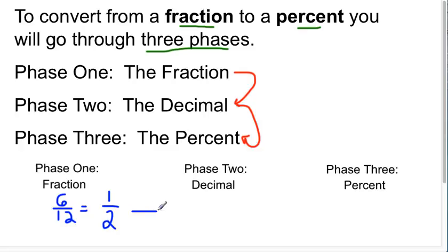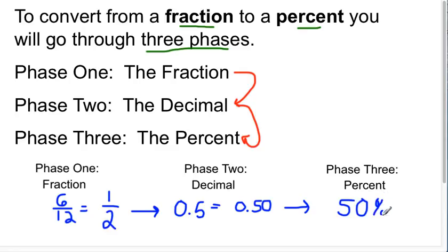And so if this is 1/2, once again, we know that it will be 5/10, which is equivalent to 50 hundredths. Once you have your 50 hundredths, all you have to do is turn it into your percent, which would be 50%. So that's pretty much all you're going to be doing.